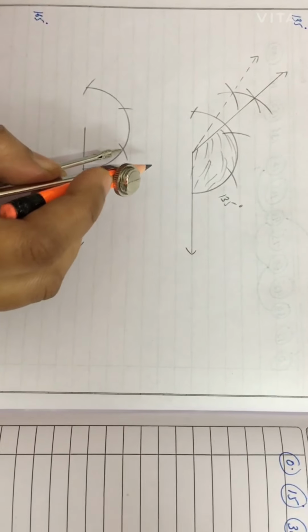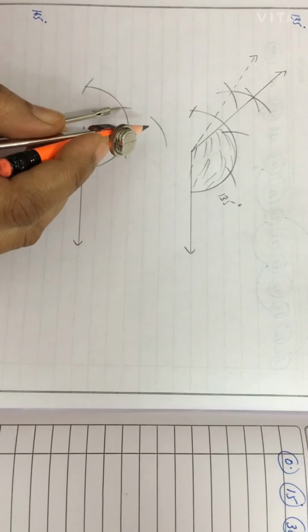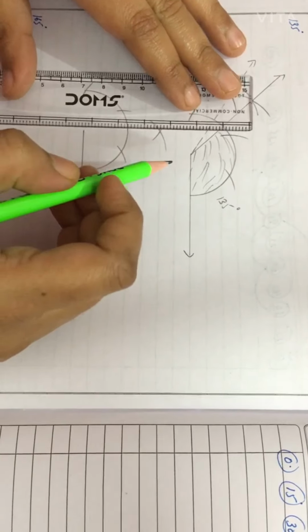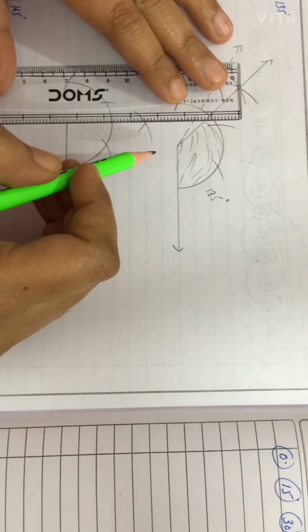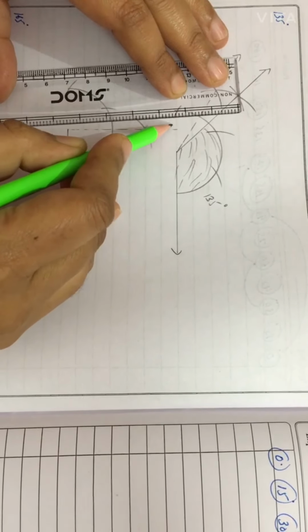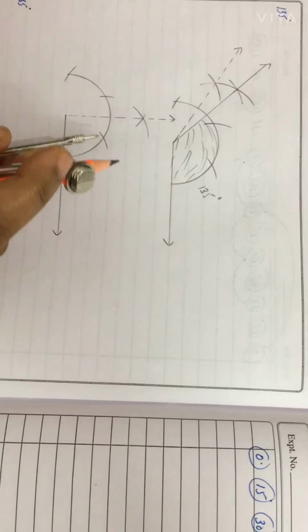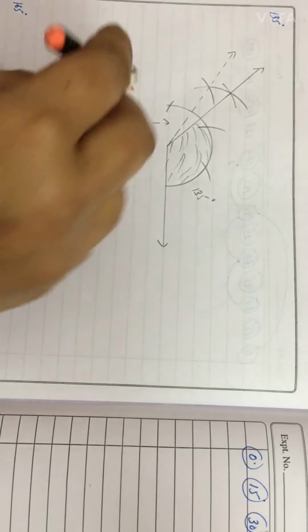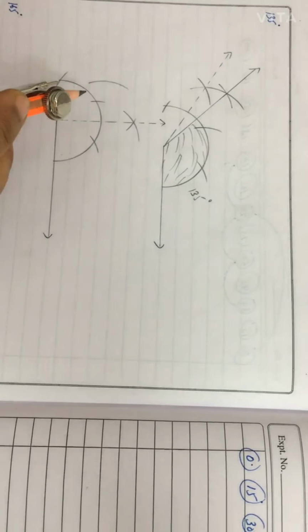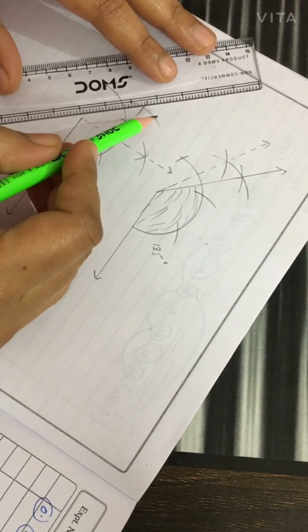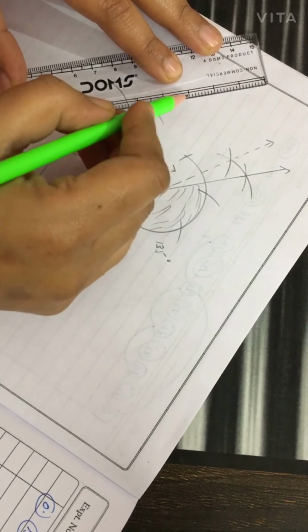Between 60 and 120 we have the angle of 90 degrees. So we will construct this angle of 90 degrees. We have constructed now 90, 60, 120, 180. So we will keep here for 90 and we will keep on 180, and we will join the intersection point of these two arcs to the vertex.